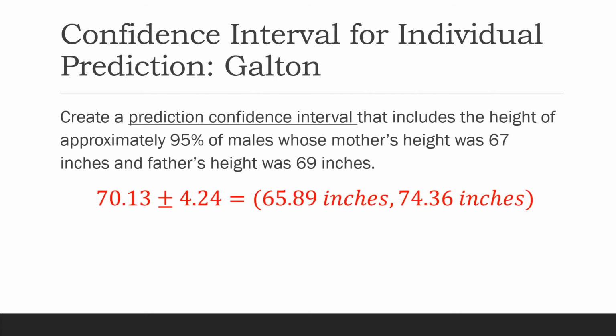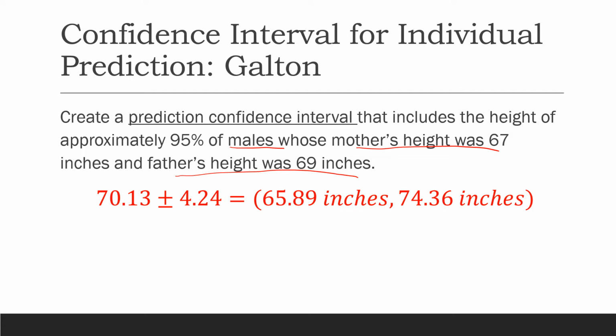Again, looking at the Galton data, I could choose the covariate values male, mother's height 67, father's height 69, and create a prediction interval that includes the height of approximately 95% of males whose mother's height was 67 inches and whose father's height was 69 inches during the late 19th century in England.